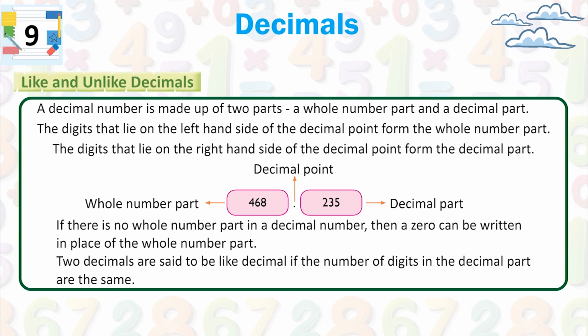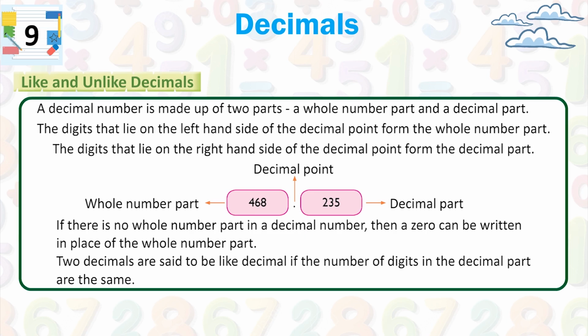Whole number part 468, decimal point, 235, decimal part. If there is no whole number part in a decimal number, then a 0 can be written in the place of the whole number part.